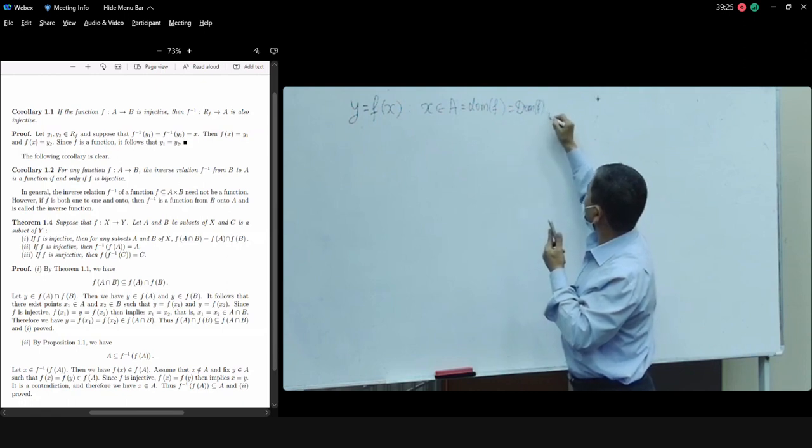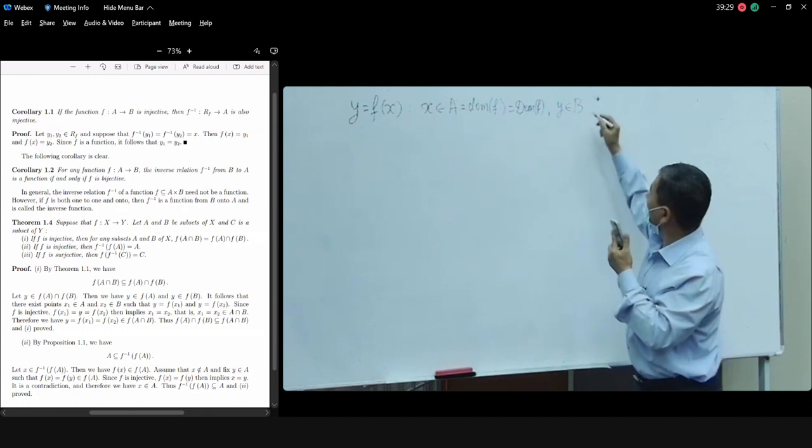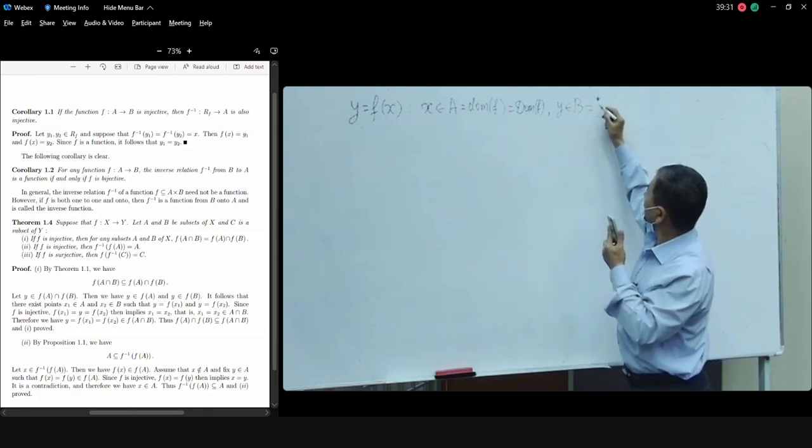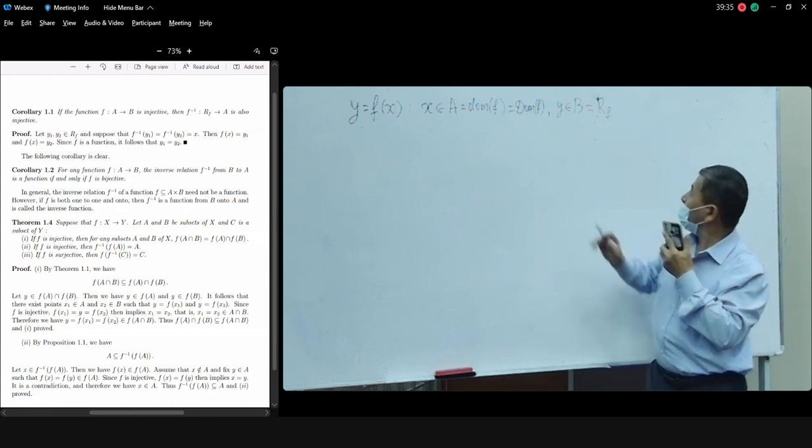So y varies in B, and this one we call the range of f.